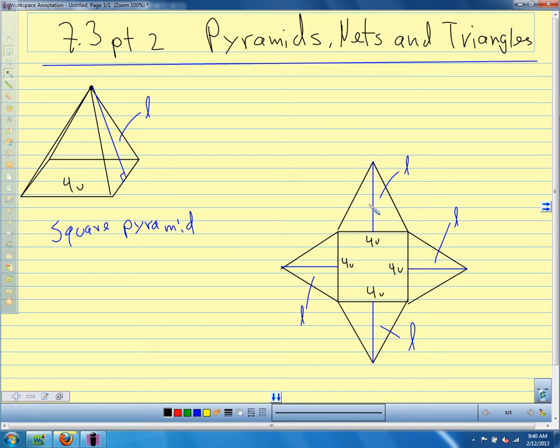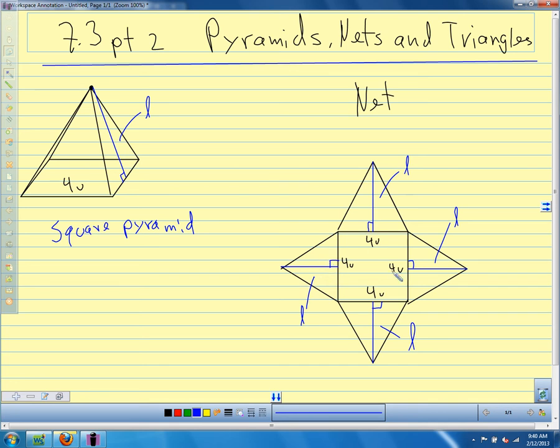Well, if we look at this slant height on the net of our pyramid, what part of the triangle would we call the slant height? If we're just looking at these triangles, what would we call those slant heights? That would be the height of our triangle.